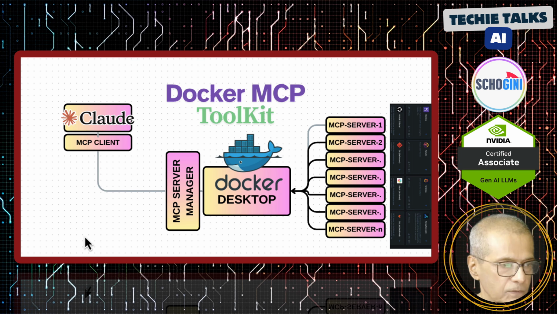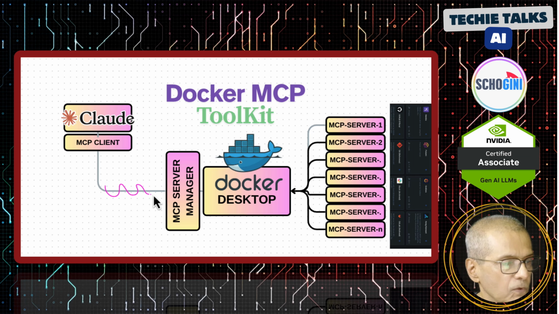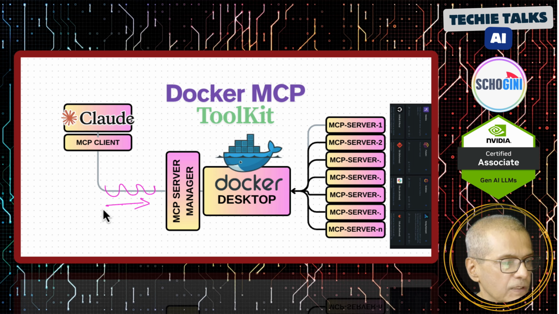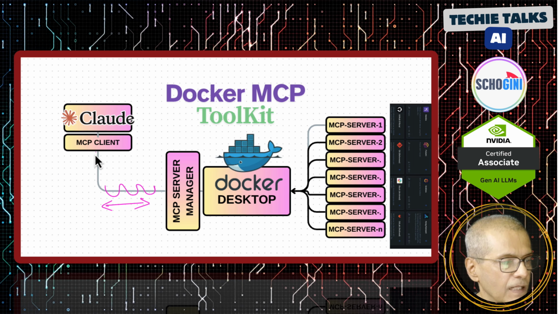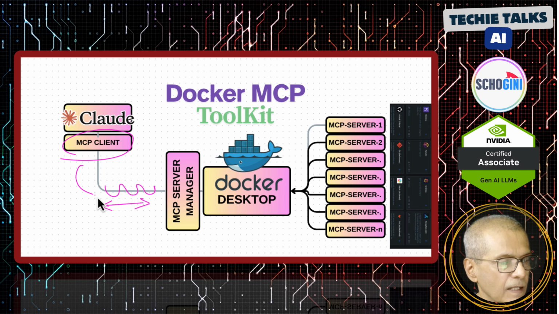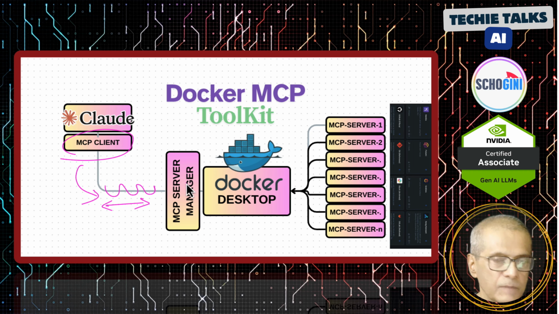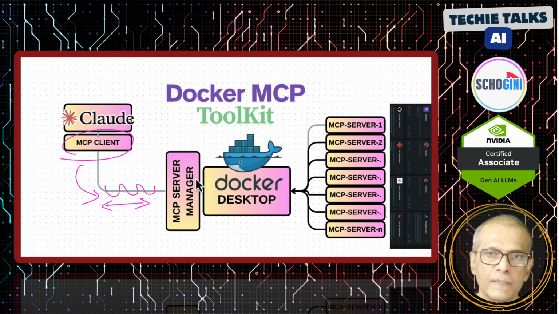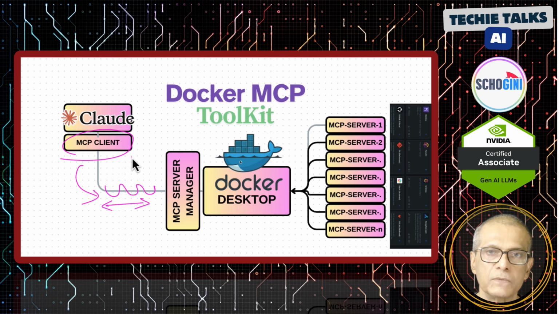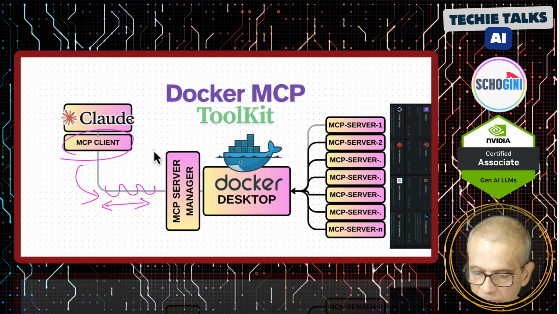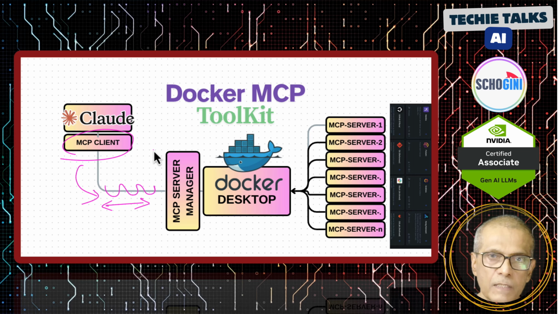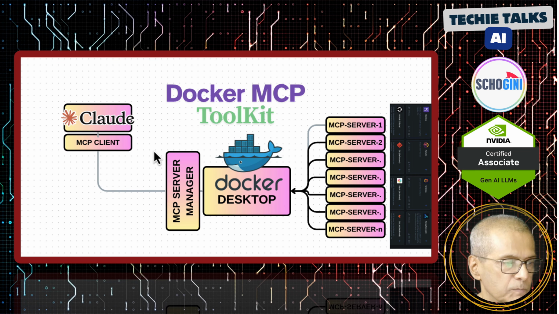Now what we're going to do is explore the communication between the client and this Docker MCP server, because this MCP server runs within the Docker ecosystem. We're going to expose the communication that happens with the clients.